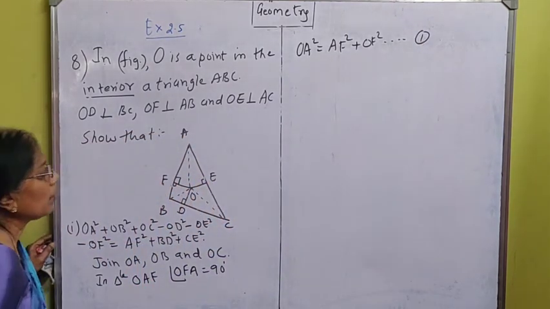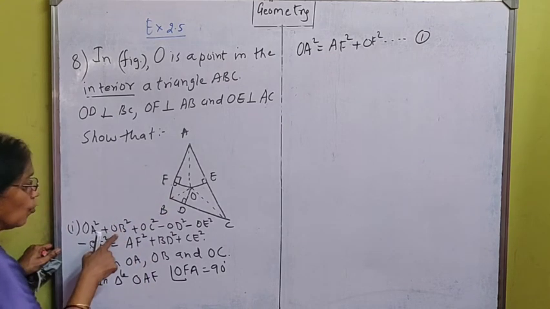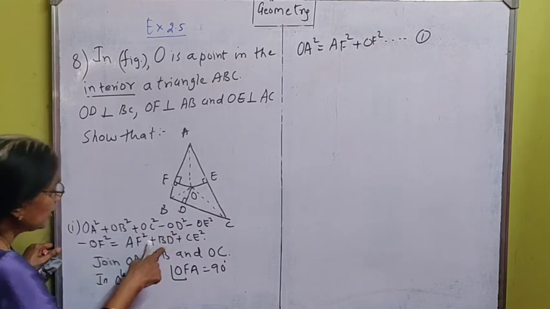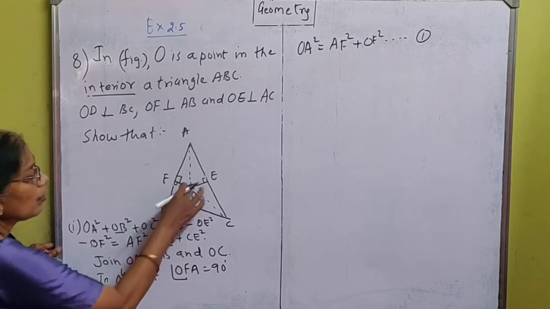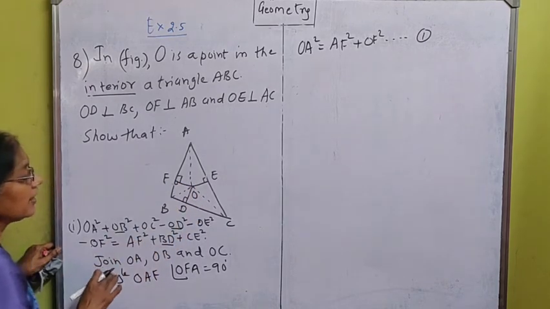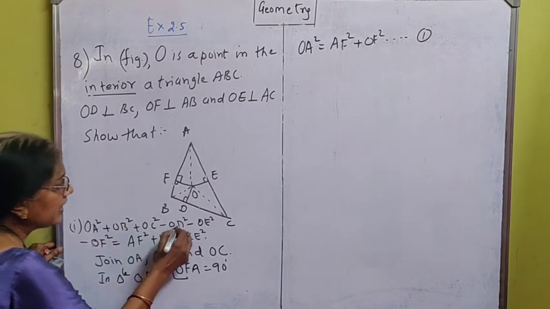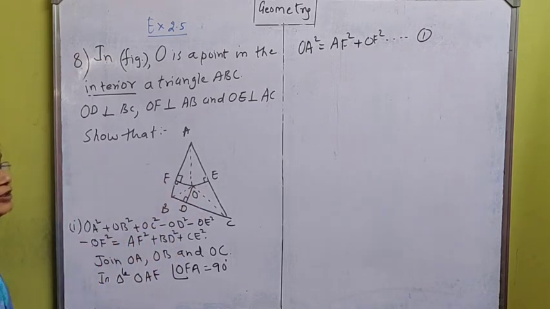Okay. Now we want OB square. You can see here OB, OD and BD. Which triangle will come? Triangle ODB. In that triangle, angle ODB is 90 degrees, so we can use the Pythagoras theorem directly.